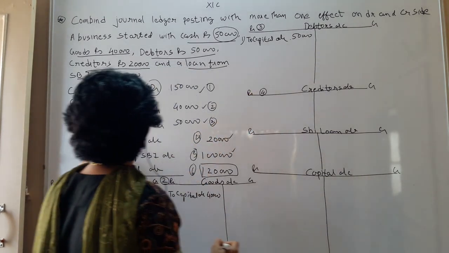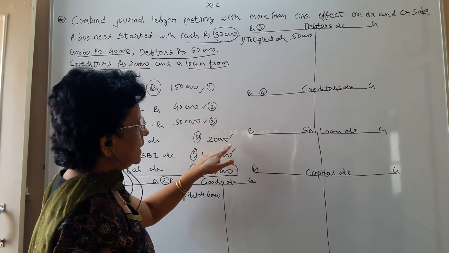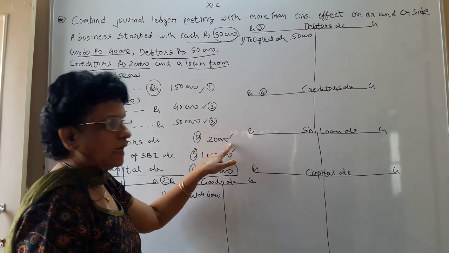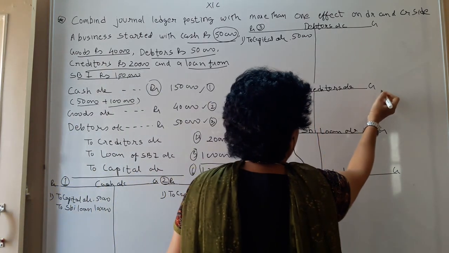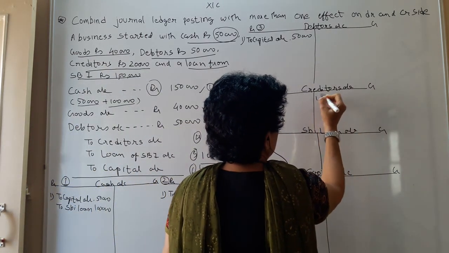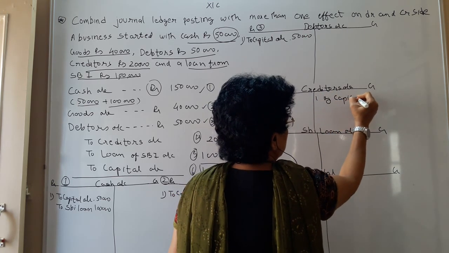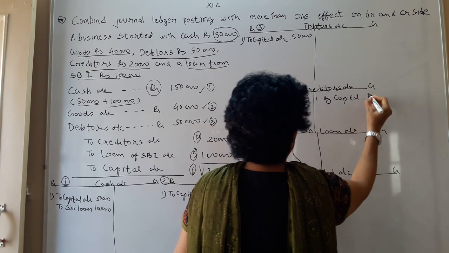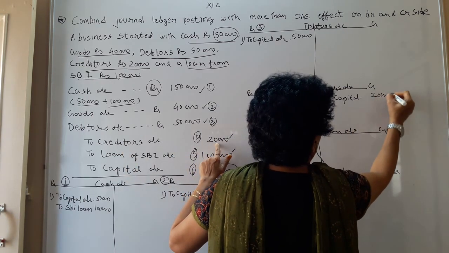Now we have the creditors. Creditors are 20,000. Creditor is your liability, so that liability is to be treated on the credit side. First the debt, and then by capital. Who has brought this liability? The owner. What is the amount of creditors? 20,000.